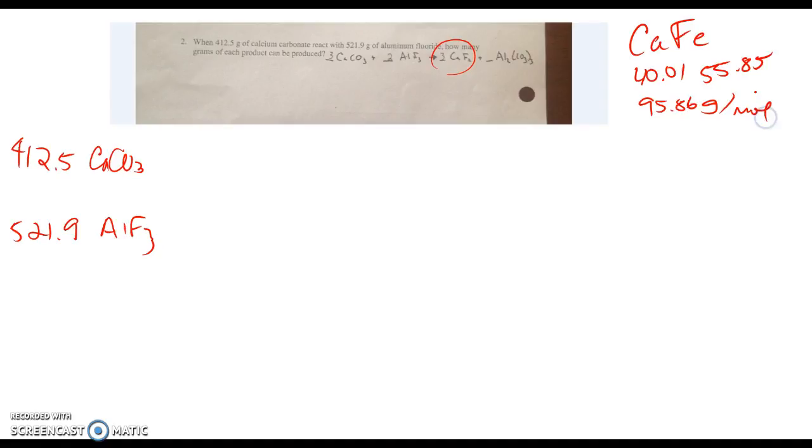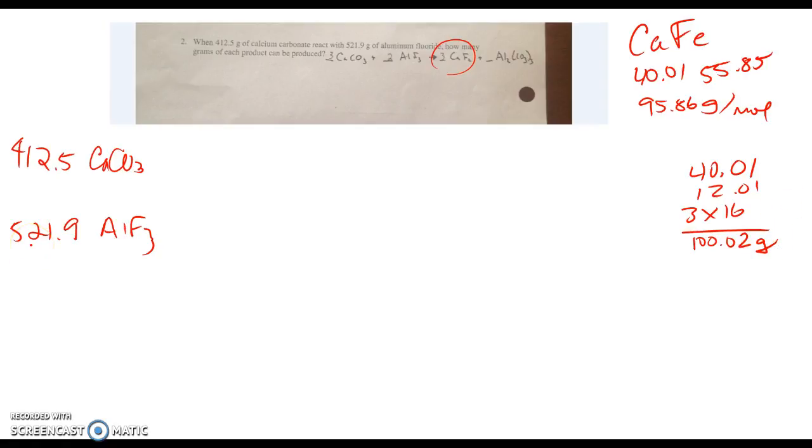So over here, I have calcium at 40.01, carbon at 12.01, and 3 times 16, don't I? 16 times 3 plus 12.01 plus 40.01. This is 100.02 grams per mole.